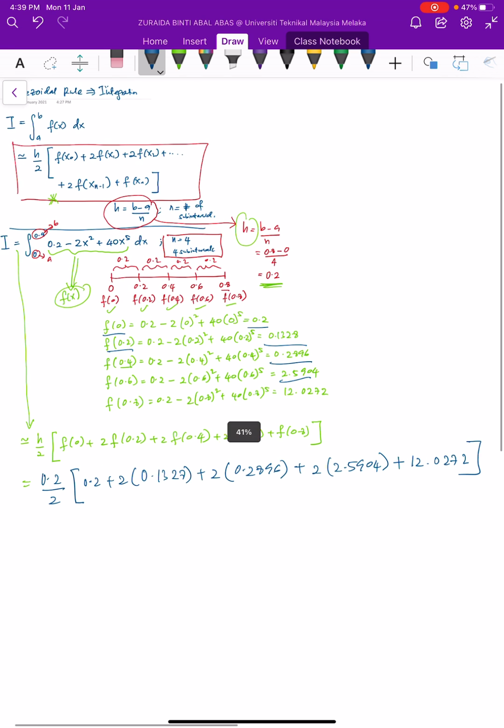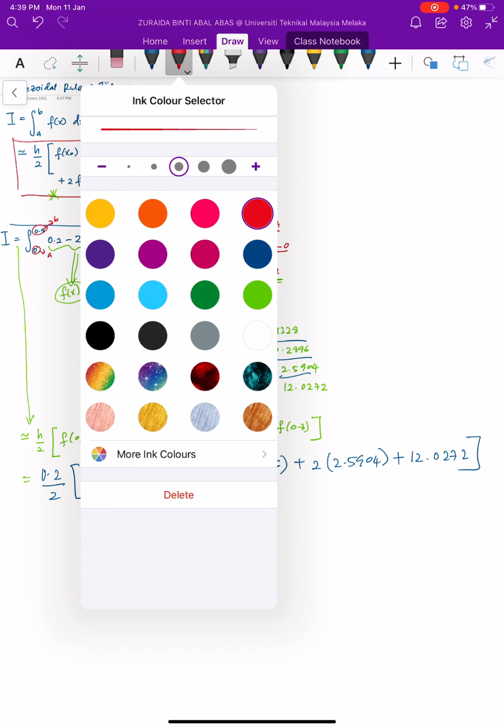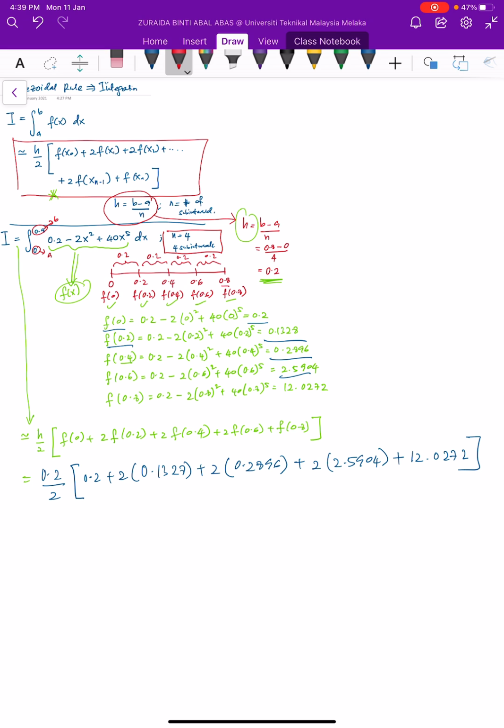Just take note that in the middle, when you look at this formula, all are multiplied by 2. It's just that the first entry and the last entry, you don't have to multiply by 2.